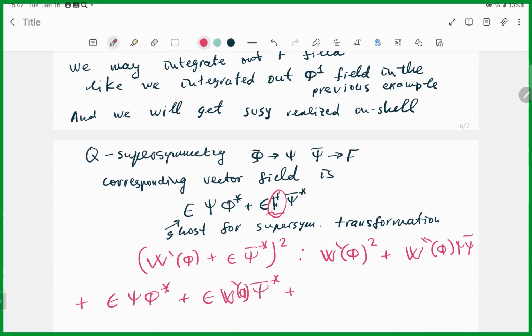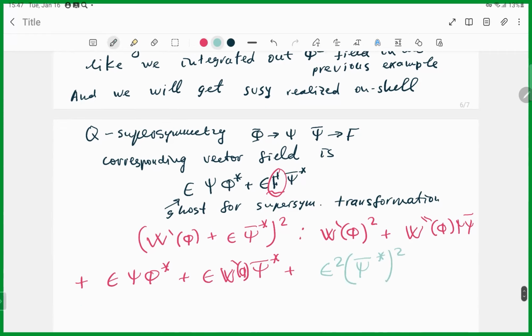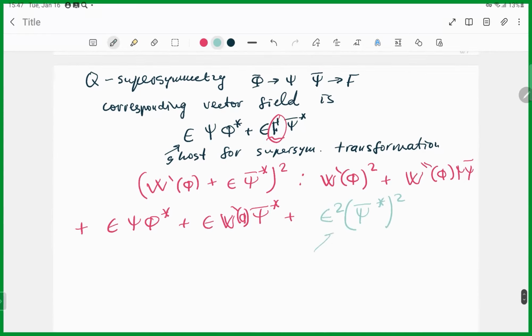Plus an interesting term. This shows that supersymmetry is realized on shell.